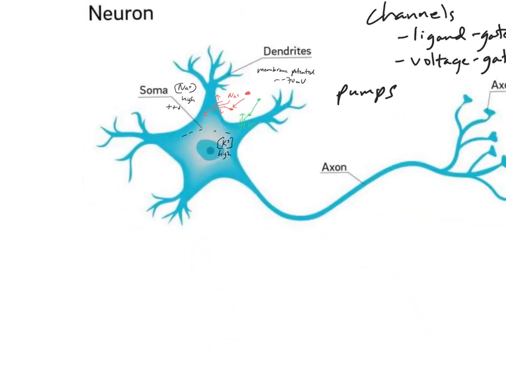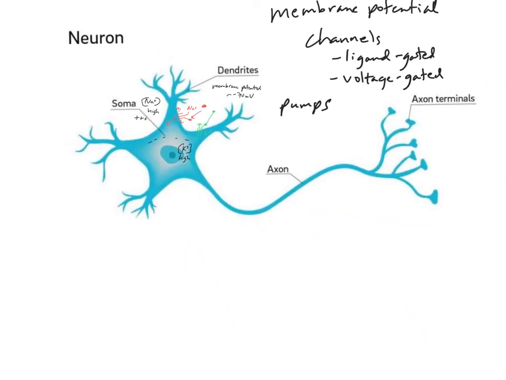So if we zoom back out a little bit here, we know that this really involves changing the membrane potentials. The membrane potential, that charge across the membrane, as I said before, is starting right around minus 70. When the neuron is at rest, it's not changing, it's staying right around minus 70.